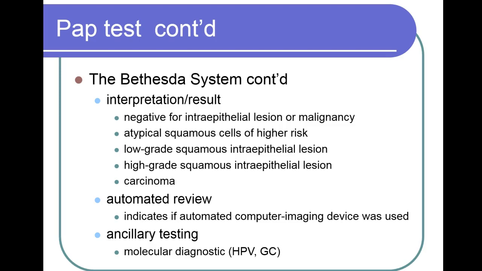Low-grade squamous epithelial lesion. Something's going on here. Can't quite call it cancer yet. High-grade squamous epithelial lesion. Definitely cancer here. And obviously carcinoma. Definitively. The cells look like they are at the cancerous level.